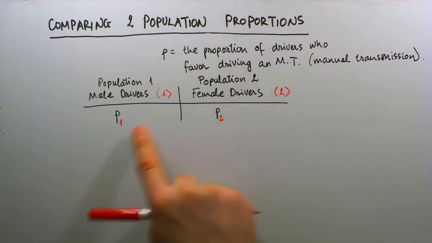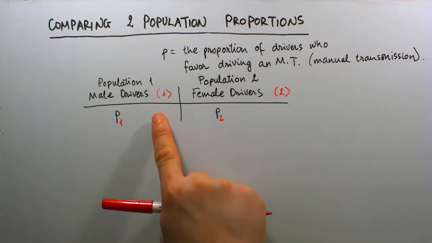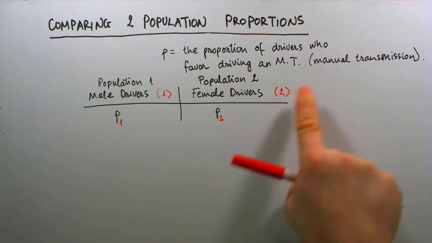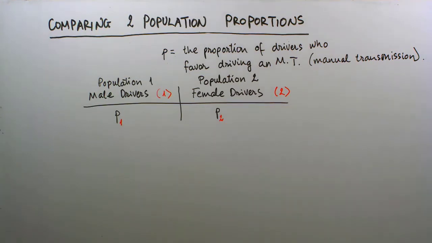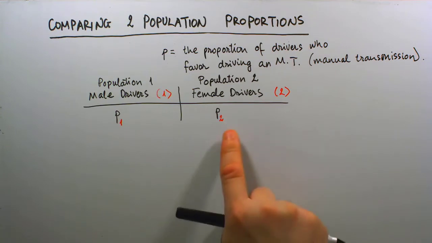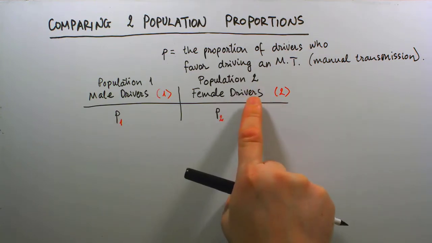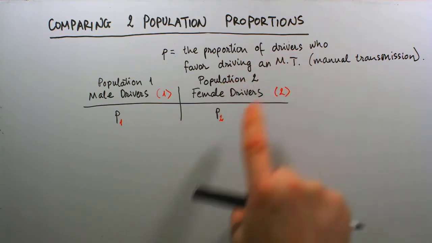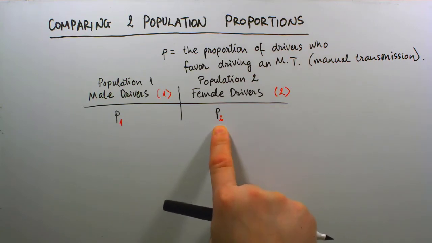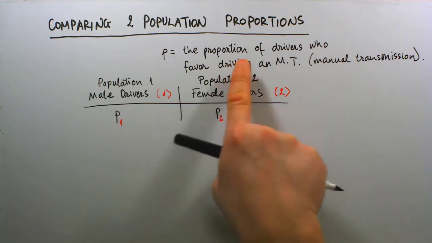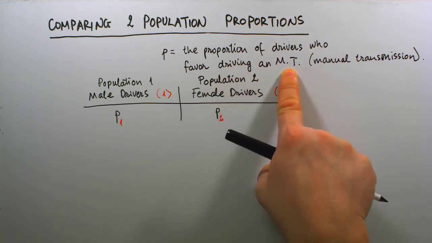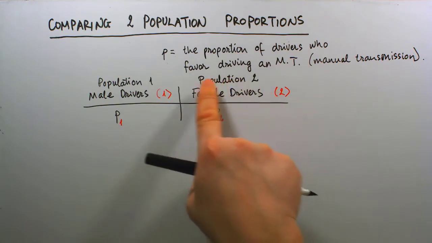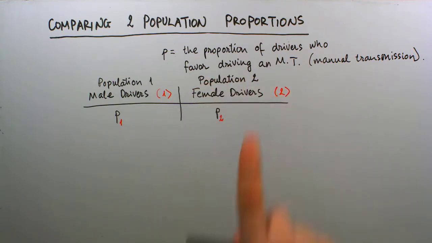Anyone viewing the video will notice I use a subscript consistent with the numerical label for the particular population where our value came from. So anytime later on that I need to refer back to the proportion of female drivers who favor driving a manual transmission, I can quickly refer to that as p2, because p generally is the proportion of drivers who favor driving a manual transmission, but p2 indicates that the same proportion is specifically attached to female drivers, or population 2.